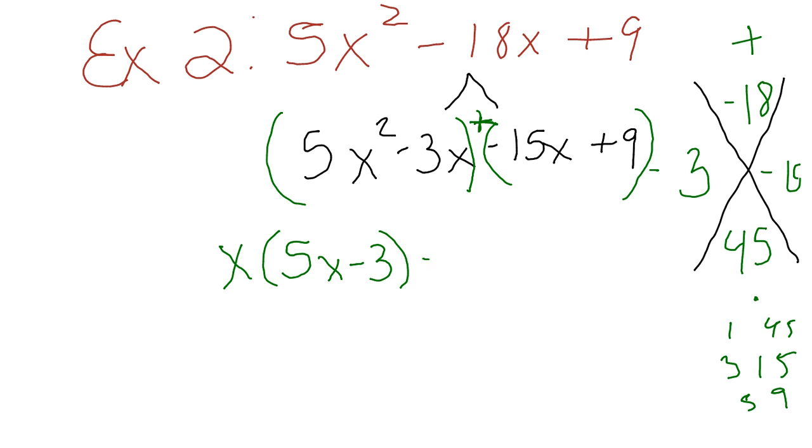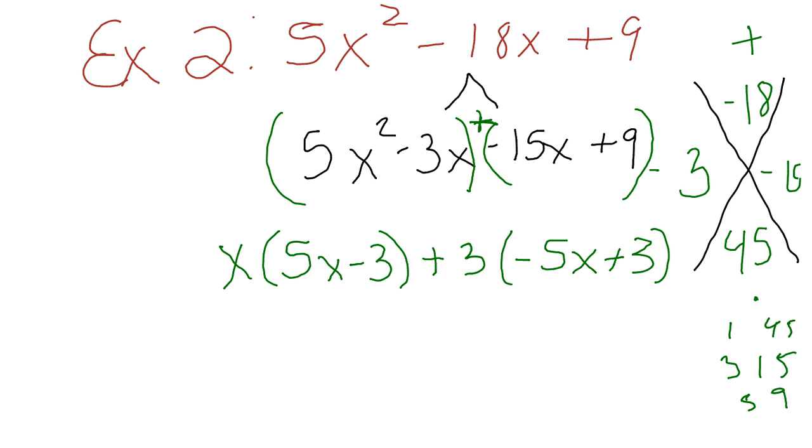And then plus, looking at my second grouping, I have a negative 15x and a positive 9. These both have a 3 in common. So I'm going to take out a 3. That leaves me with negative 5x plus 3.